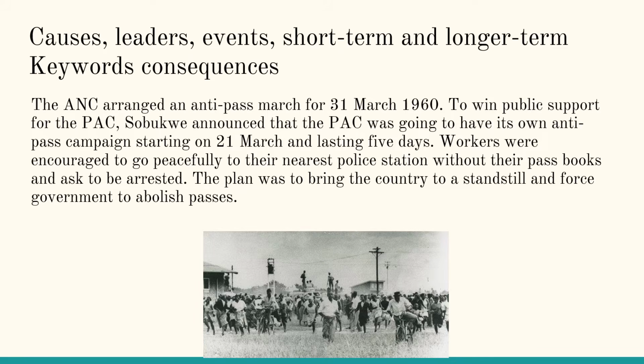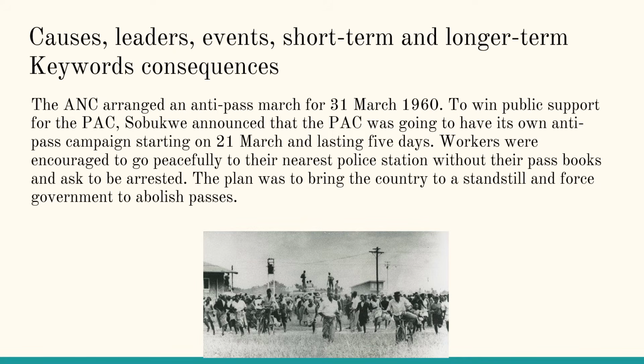Causes, leaders, events, short-term and long-term keywords, consequences. The ANC arranged an anti-pass march for 31 March 1960 to win public support for the PAC. Sobukwe announced that the PAC was going to have its own anti-pass campaign starting on 21 March and lasting 5 days.